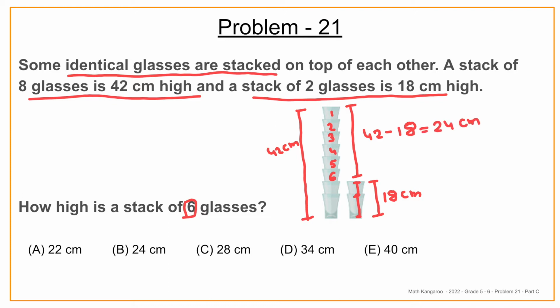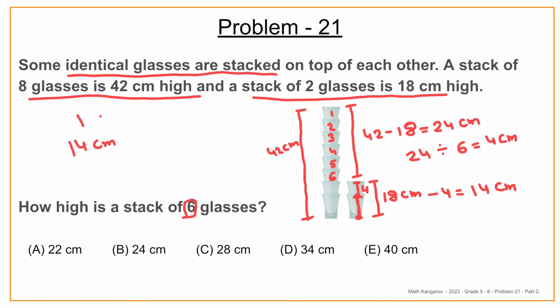Now since we know the height of 6 glasses of same height, we can determine the height of one glass, which is 24 divided by 6 gives us 4 centimeter. The height of smaller portion is 4 centimeter. We can determine the height of the full glass, that is 18 minus 4 gives us 14 centimeter. Now we know first glass, that is 14 centimeter.